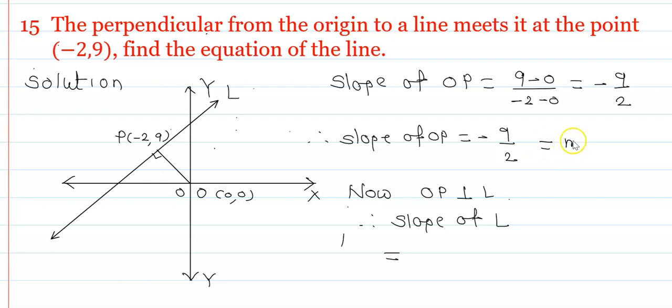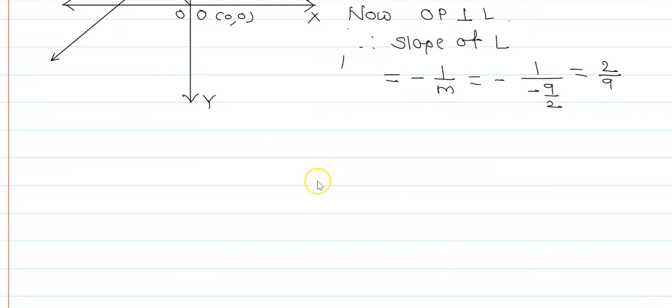Suppose this is m, minus 1 upon m, and that is minus 1 upon minus 9 upon 2. This minus and minus will become plus. It is 2 upon 9. Okay, this is the slope of L. Therefore, the slope of capital L is equal to 2 upon 9.